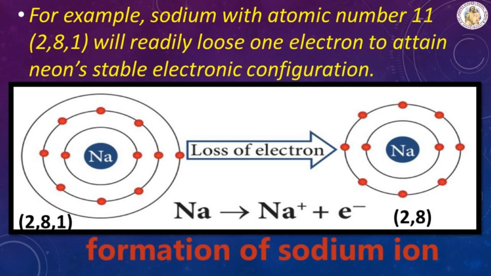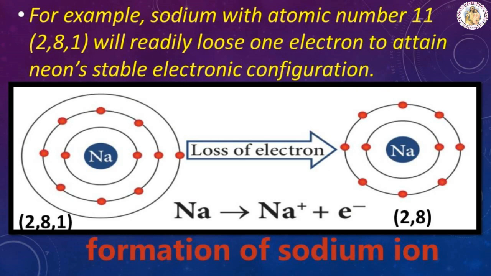In the first shell, 2 electrons are there. In the second shell, 8 electrons. In the outermost shell, only 1 electron in the sodium atom. Na means sodium. So this outermost shell 1 electron is ready to be lost, forming a sodium ion or cation.